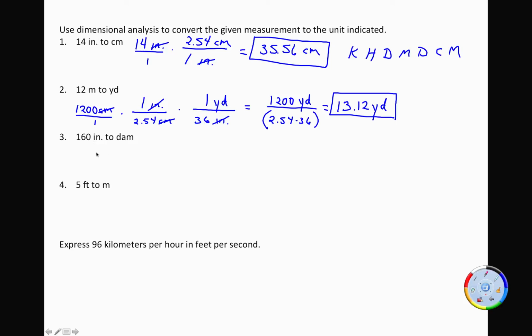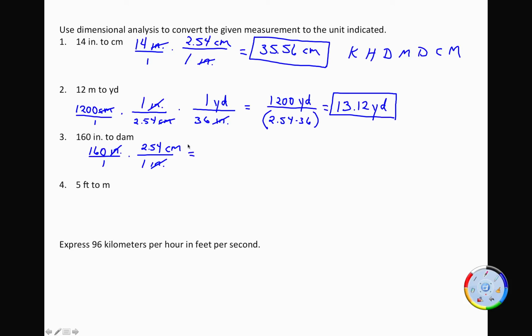So I'm going to go ahead and do that conversion to get me into the metric system in centimeters. So 160 inches over 1 to get me started. And since 1 inch is 2.54 centimeters, I'm in the metric system.